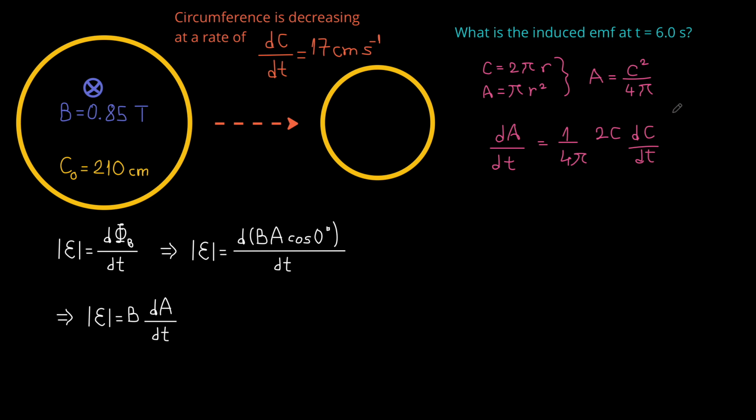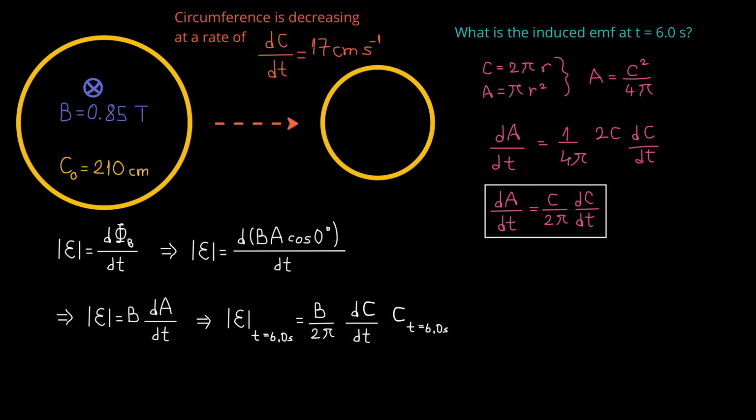That's the time rate of change of the circumference, 17 centimeters per second. And we also need to multiply that by C, the value of the circumference at that moment at t equals 6 seconds. And then we'll have an overall factor of 1 over 2 pi to get the rate of change of the area at that moment.